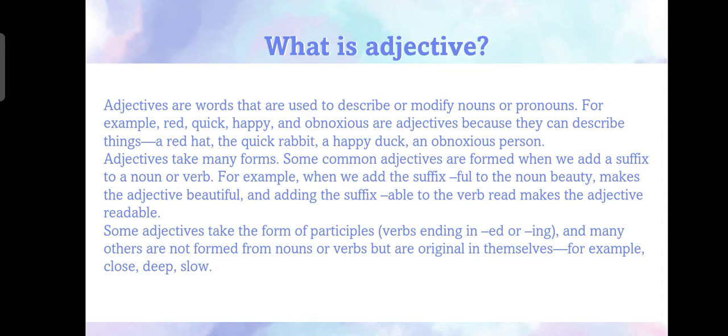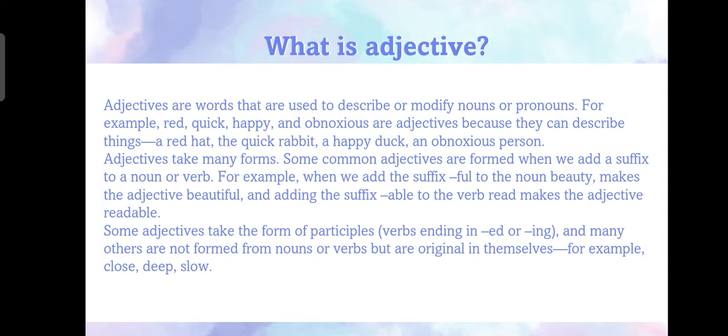Adjectives take many forms. Some common adjectives are formed when we add a suffix to a noun or verb. For example, when we add the suffix -ful to the noun beauty, it makes the adjective beautiful, and adding the suffix -able to the verb read makes the adjective readable.